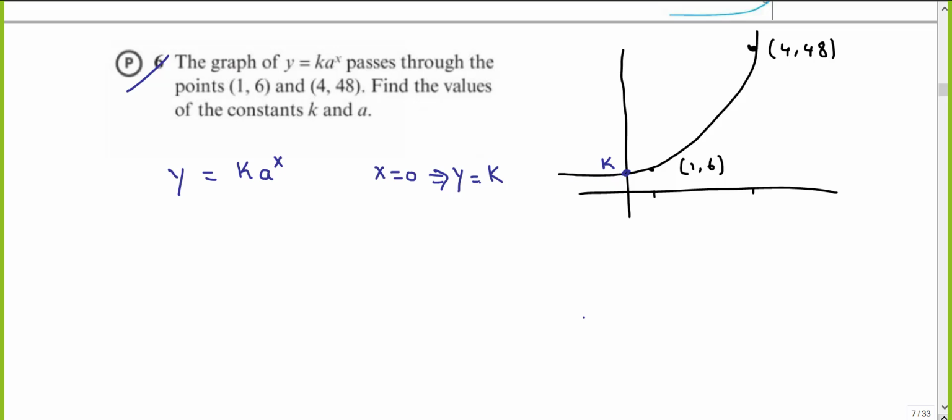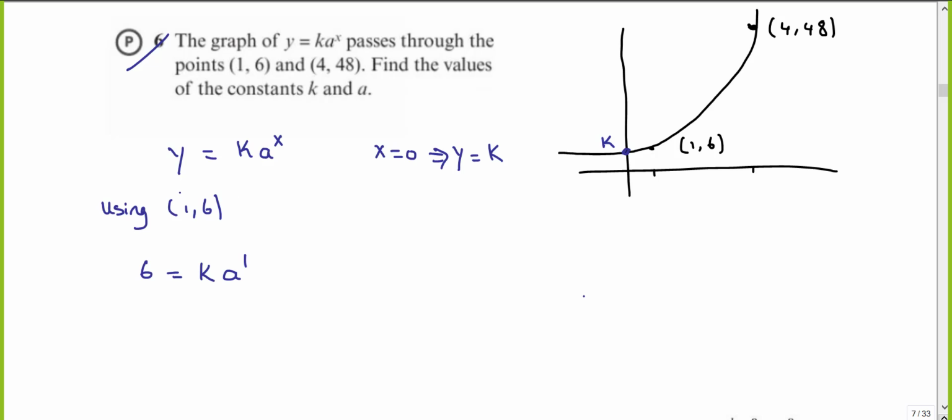But still we didn't get the values. We want the value k and we want the value a. What to do? Use the points. So using 1 and 6, you get 6 equals k into a power 1. You see, this is x and y.